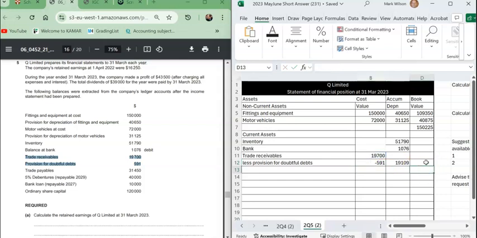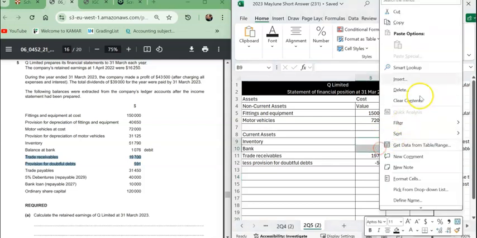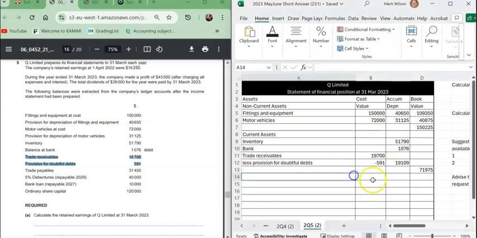And our total current assets. So that'll give us the total assets. This figure is a really important one because it's got to balance with our figure down the bottom.